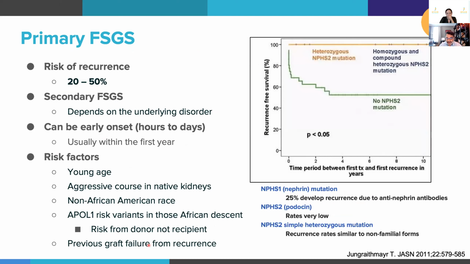So previous graft failure from recurrence is one of the identified risk factors for recurrent FSGS in a transplant. But I think if we've seen this, if they've had early recurrence of FSGS that we couldn't get under control after a transplant, and we try a second transplant and the same thing happens again, that usually will be, at most centers, enough of a concern that they would say this is probably not a good idea.